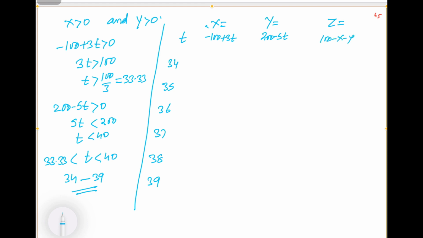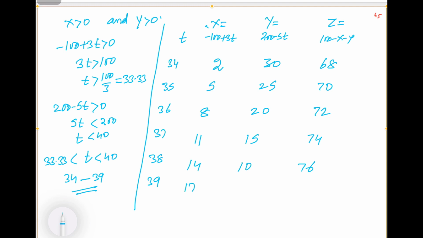So putting the value of t as 34, we get 2, 30, and putting both values here, we get 68. Putting 35, 5, 25, 70. Then 37, 11, 15, 74 and so on. So this is the solution here.